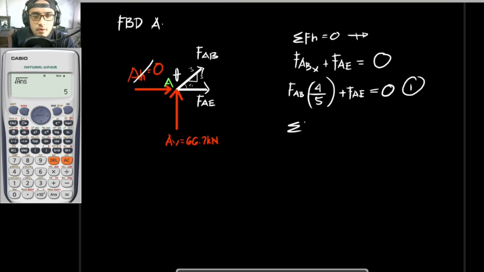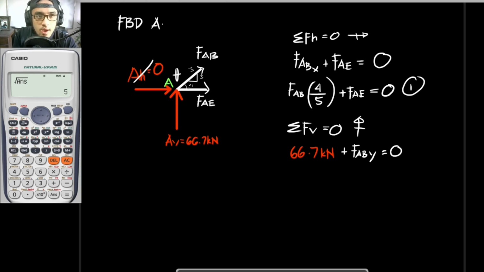And for the summation of forces vertical equal to 0, let's assume that upwards is positive. So that would be AV, 66.7 kilonewtons, plus FABY, the Y component of FAB, is equal to 0. To get the value of FABY, I would be rewriting this: 66.7 kilonewtons plus 3/5 FAB.